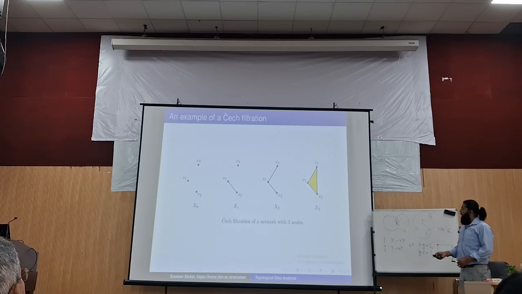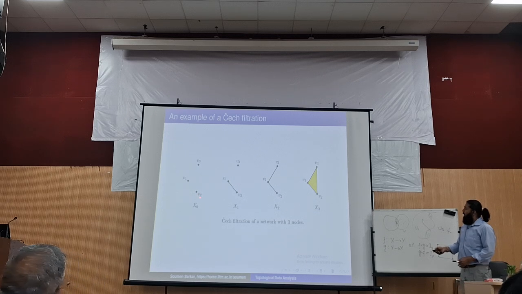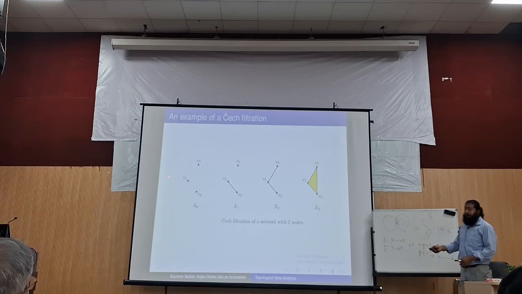So this is an example. I just took it randomly. You can see that if I take these two near ones, and this one is a little far, then we will get this set, because we are considering open balls there, and these two open balls will intersect before this one intersects. The intersection is according to the Euclidean metric.